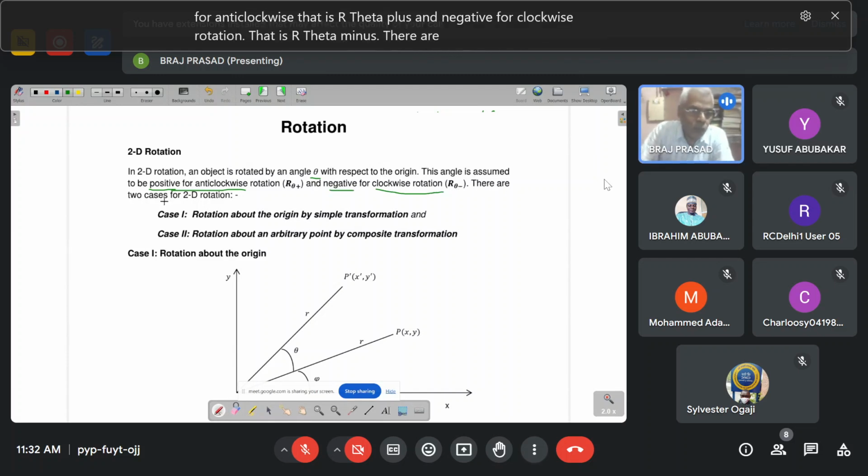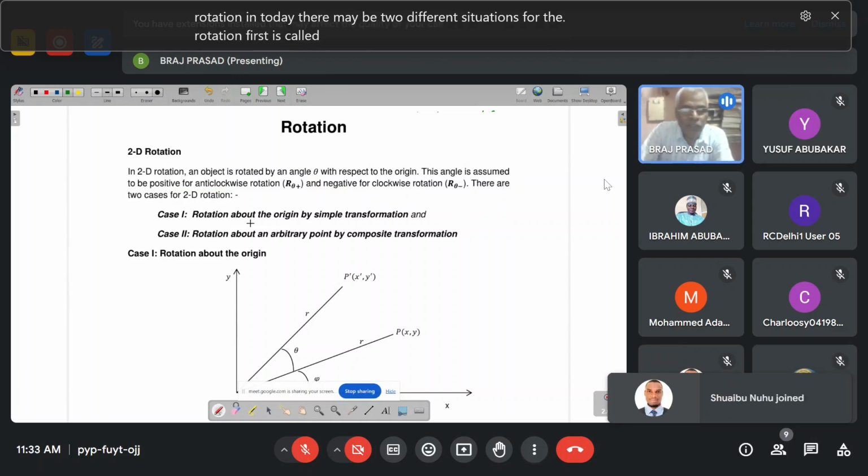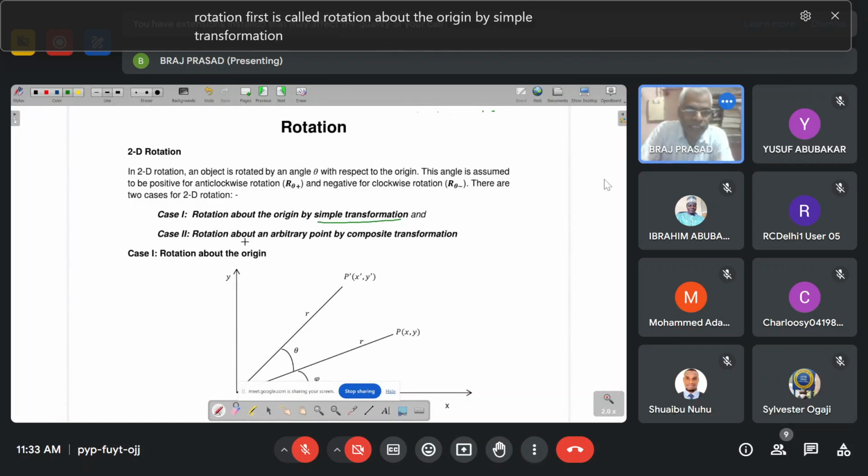There are two cases of 2D rotation. In 2D, there may be two different situations for this rotation. First is rotation about the origin by simple transformation, and second is rotation about an arbitrary point by composite transformation.